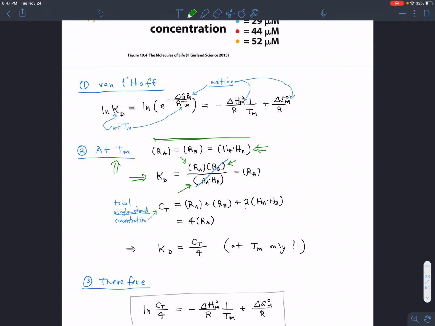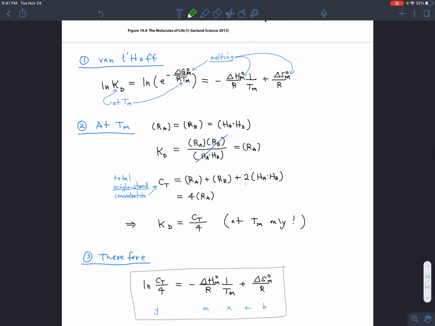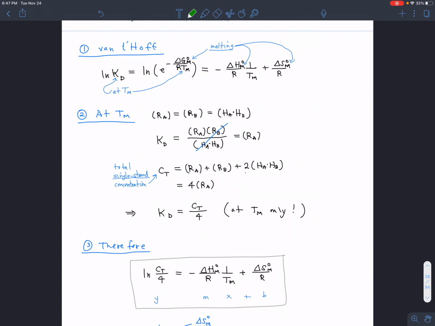And these are all equal, so this strand concentration and that divide out, and that means the KD is just equal to the concentration of one of the strands. What is the concentration of one of the strands? Well, we don't know. We can't really tell easily from the absorption spectrum, but there's a trick.